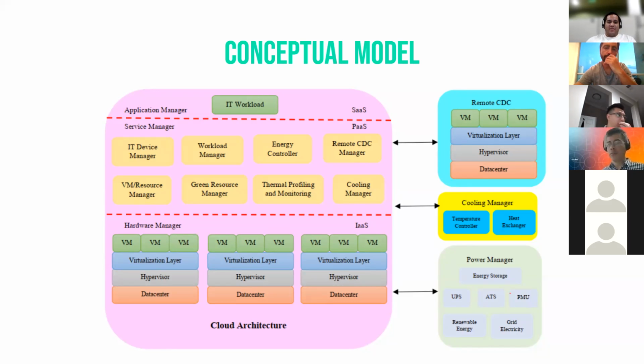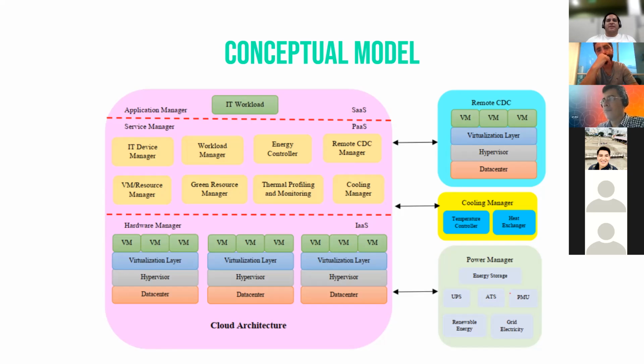There are, as you can see, 4 main components: the cloud architecture, remote CDC, cooling manager, and power manager. The cloud architecture is divided into 3 subcomponents: software as a service, platform as a service, and infrastructure as a service.